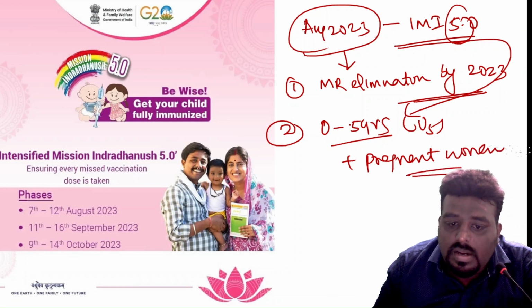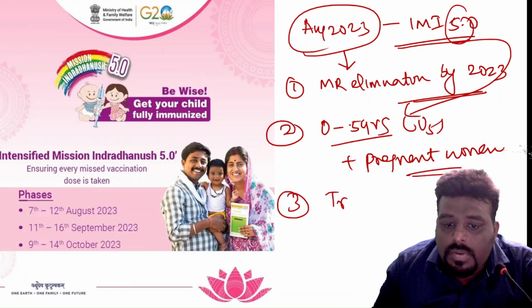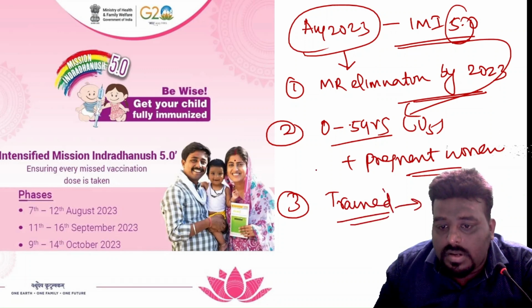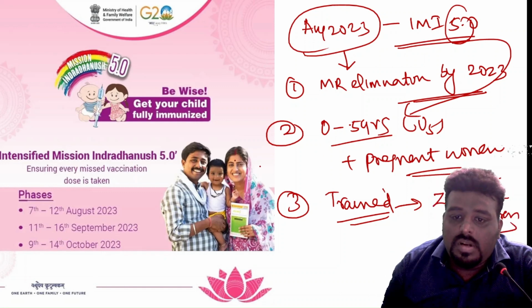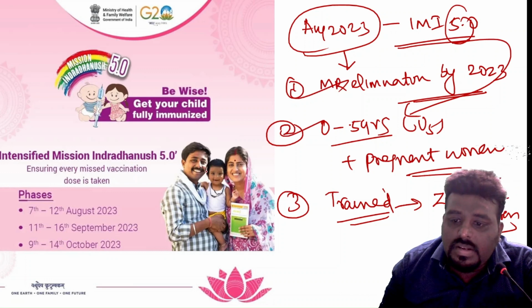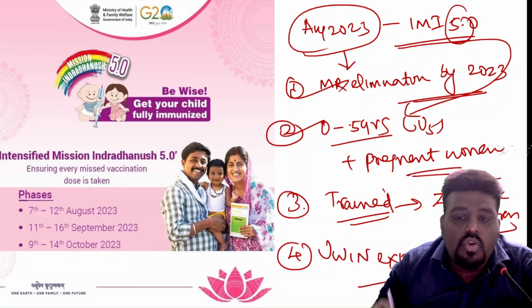It is targeted under this, and the professionals are being trained to reach zero dose children. I'll tell you what is meant by zero dose in the upcoming slides. So: zero dose children, MR elimination, coverage of 0 to under 5, and also expansion to all the areas and districts throughout India.